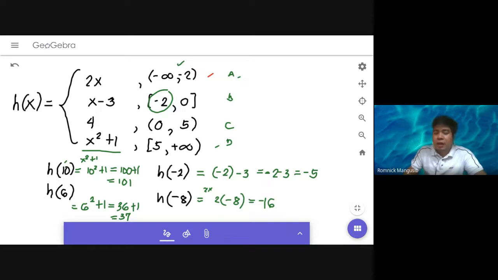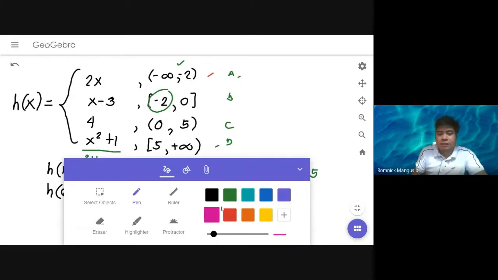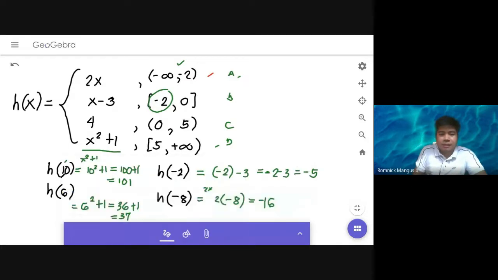John, okay, so the first thing you need to do is just to check as to where can you find 10, to what interval does 10 belong. It's like this, 10 belongs to the interval under letter D. So you substitute. Itong 10 ay kasama dito sa interval letter D. Kaya ginamit natin ay x squared plus 1.